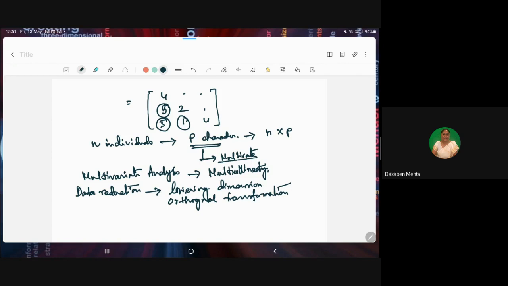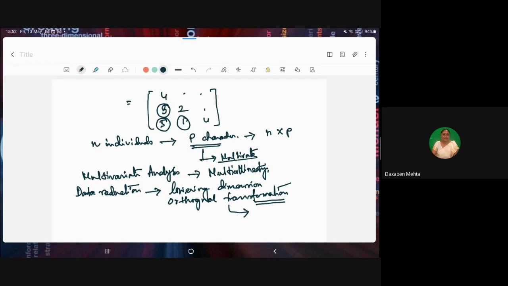And this orthogonal transformation, these new dimension creations, or the transformed dimensions, are known as principal components. That means you have a data set, you have a data matrix. The process of deriving principal components is very simple.